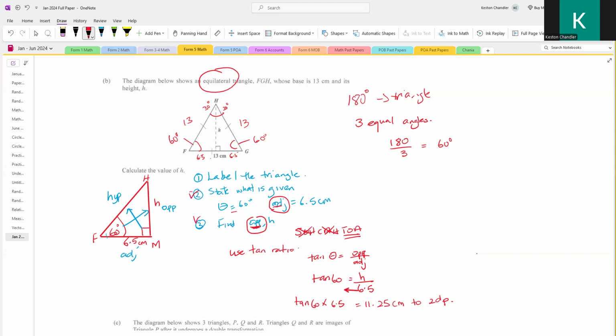So I have to look for a formula that has both opposite and adjacent in it, and I go through an elimination process. I check sine, that has the O but no A. I check cosine, that has the A but no O. So I am left with tan, which has both O and A. I quote the formula, so that visually I can see tan theta is equal to opposite over adjacent. So I can now substitute the values I have into that formula in order to solve it. Okay? Good. I'm moving on.